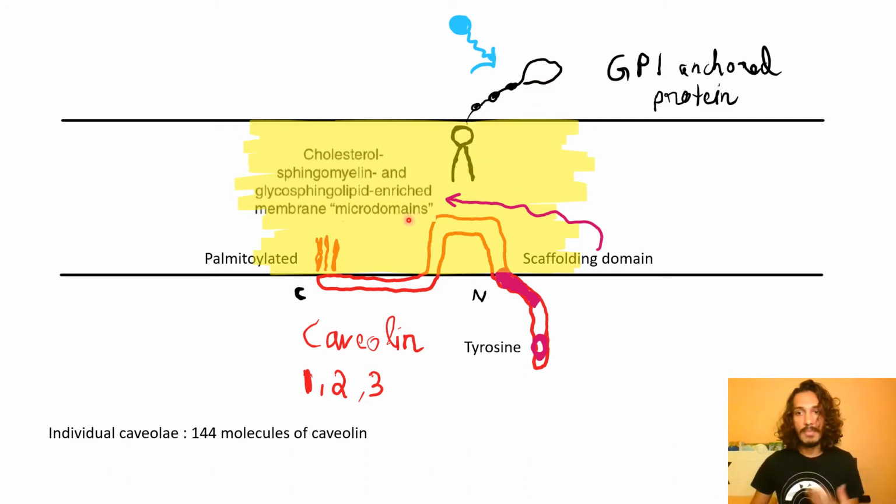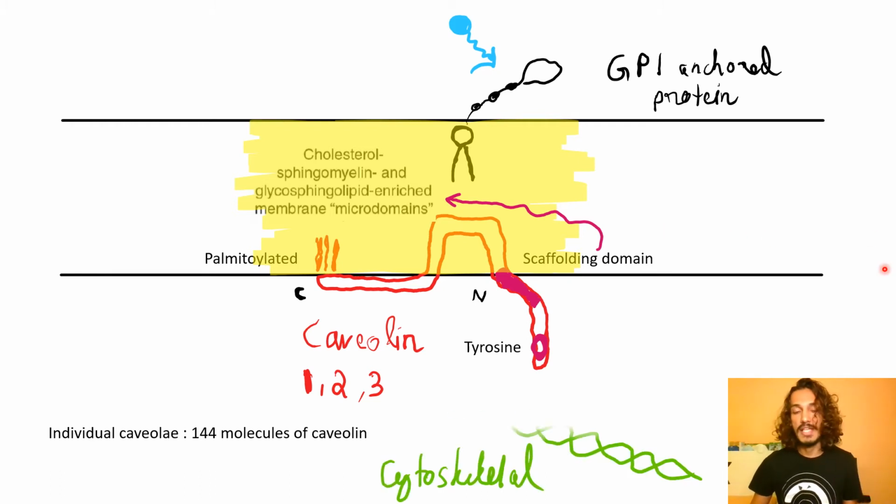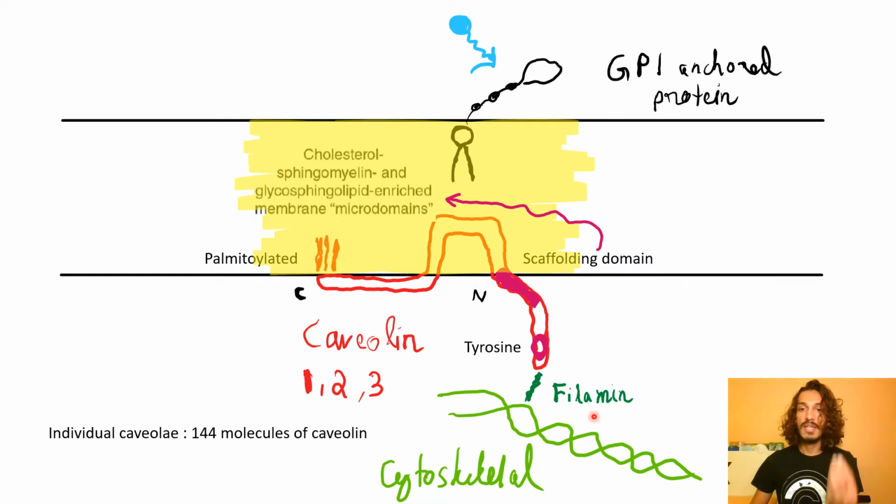So this again is a membrane associated protein. You can check out the link if you want to understand a little more about these. I already discussed it in a previous lecture. Now beneath all this, cytoskeletal elements are present, for example actin. This caveolin is attached to cytoskeletal structures like the actin through filament.